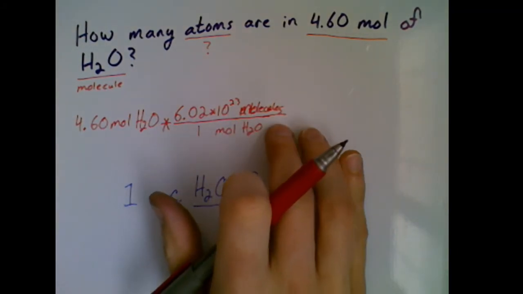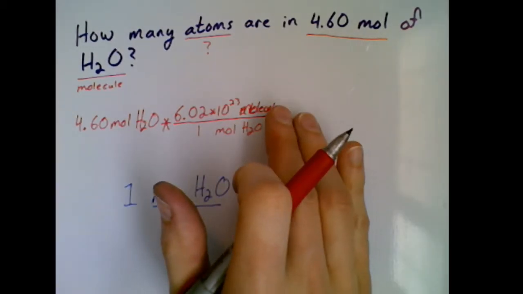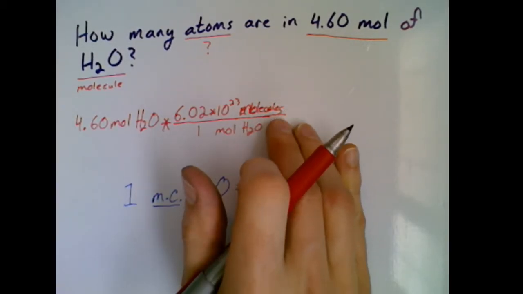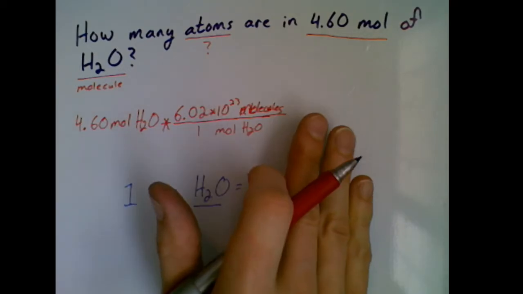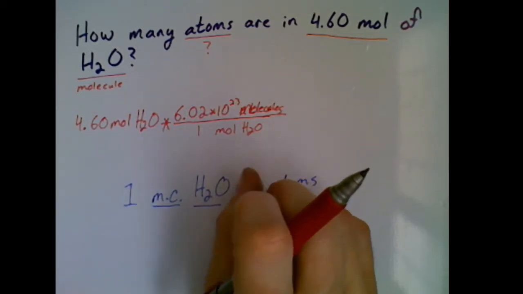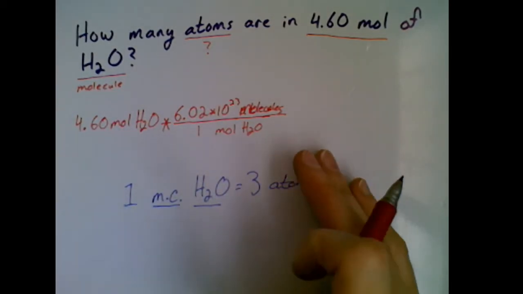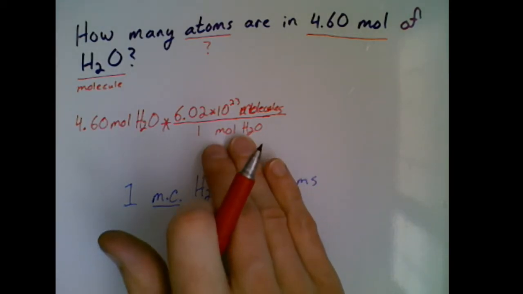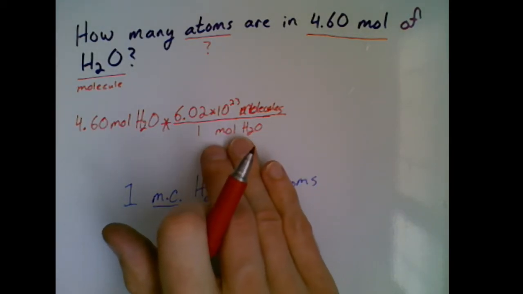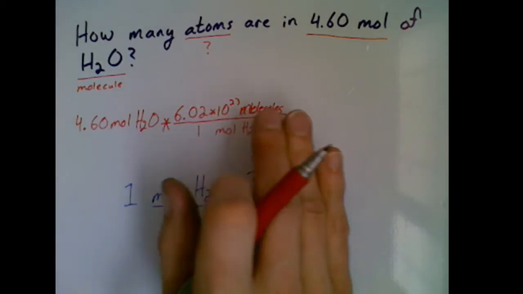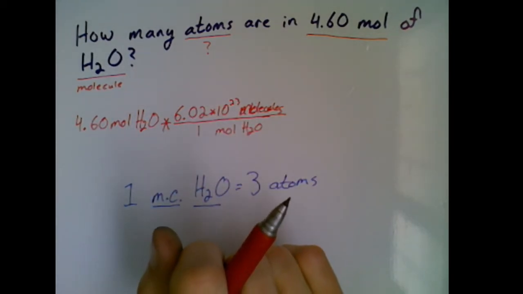I was going to write atoms up here just because I had been, but this is not just for atoms. Moles is for anything. Remember I talked about how it's like a dozen. You can have a dozen of anything, which means 12 of whatever you've got. And in this case, I've got a mole of H2O. So I've got 6.02 times 10 to the 23 of them.